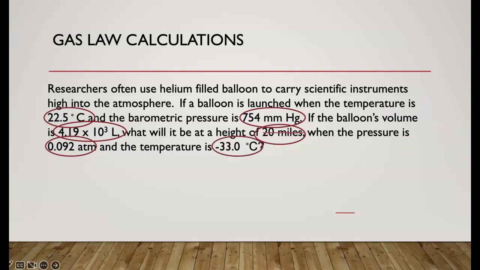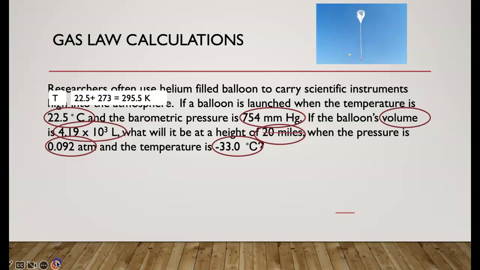And I can see that we've got 2 temperatures, 2 pressures, and a volume. And we're asked to find our other volume. And so for this one, you figure out what everything is, take all of your temperatures and convert to kelvins.